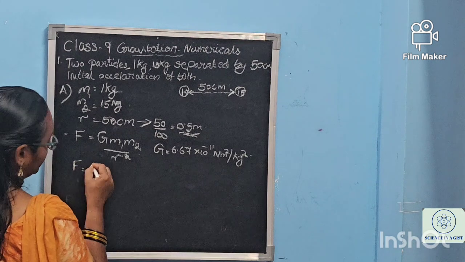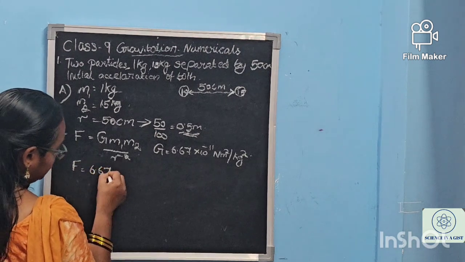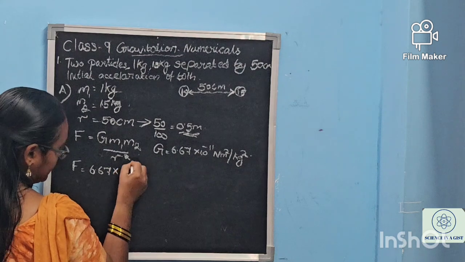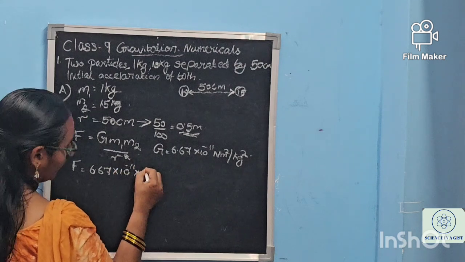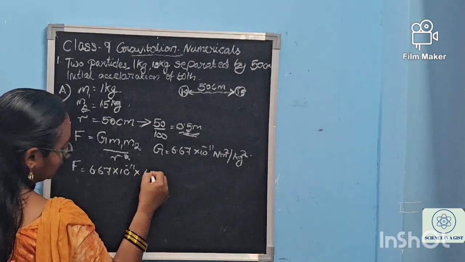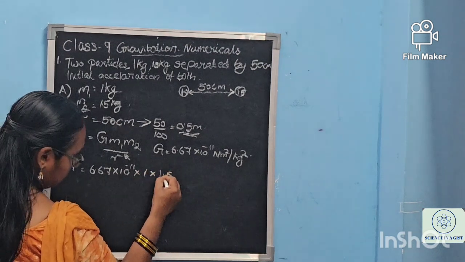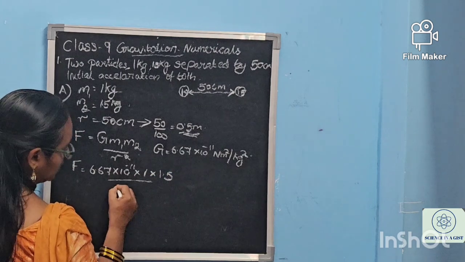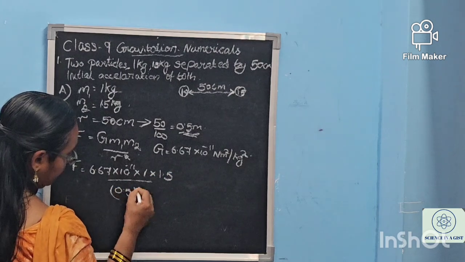F is equal to 6.67 into 10 raised to minus 11 into 1 kg into 1.5 kg divided by 0.5 meter whole square.